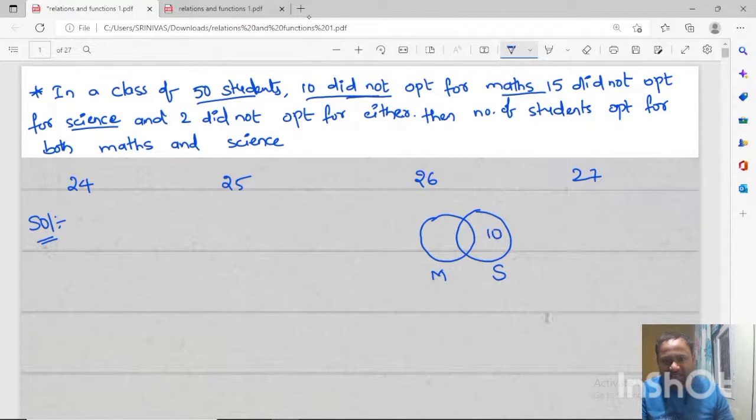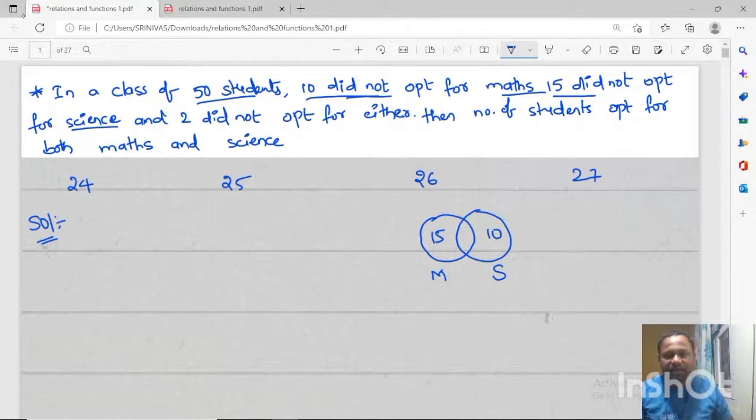Here 10 we can say that. 15 did not opt for science. So 15 not opt for science means they opt for maths only. Okay, right.